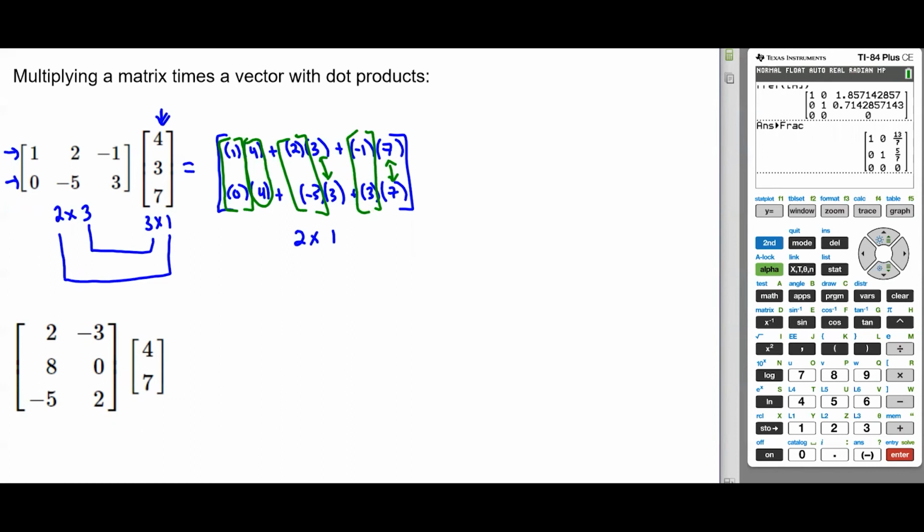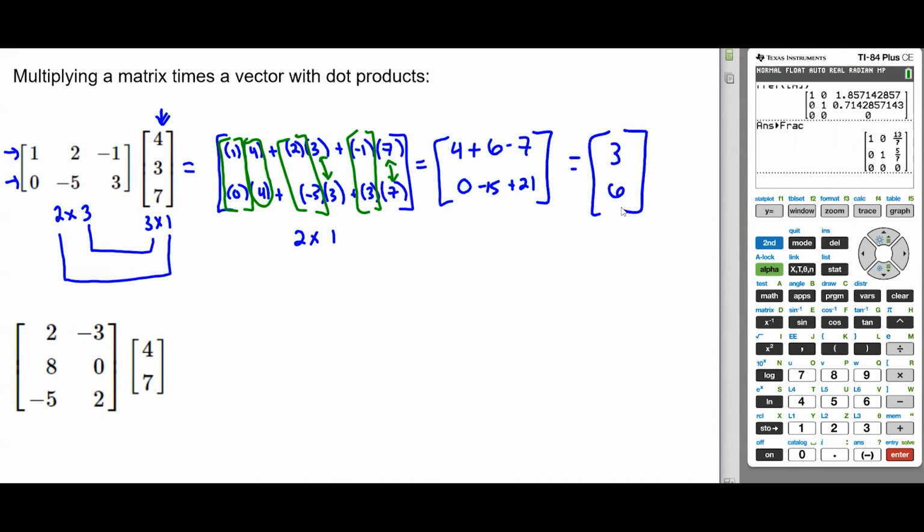So let's just simplify this really quickly. 4 plus 6 minus 7, 0 minus 15 plus 21. I read that wrong. So we get 3, 6. That's the same answer we got before.